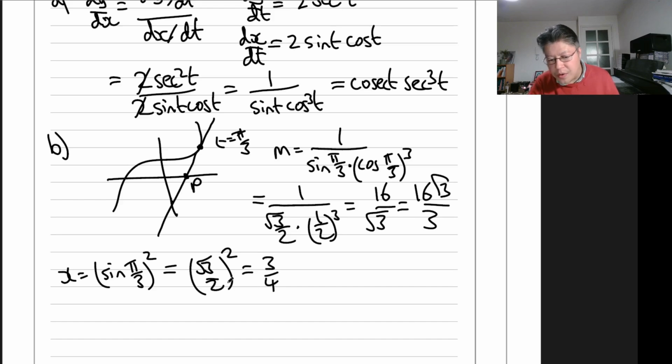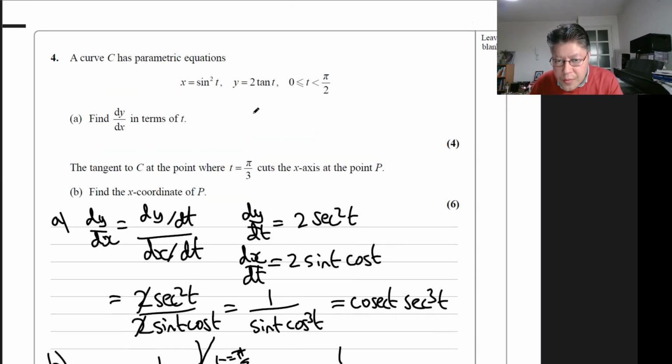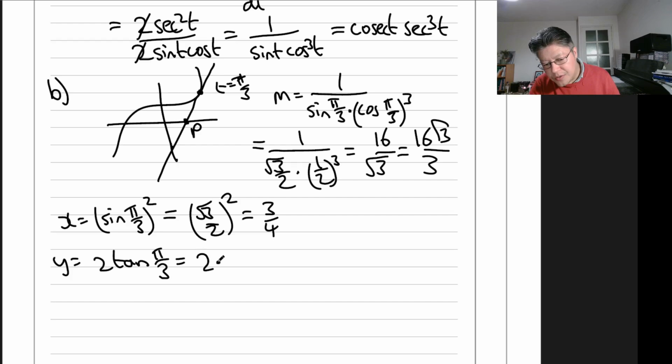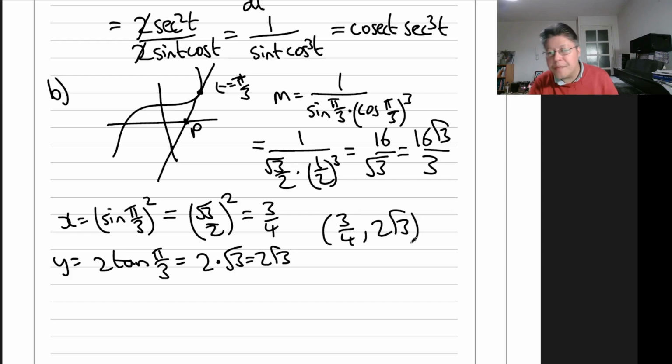So that's the x coordinate. For the y coordinate, we're going to sub it into y equals 2 tan t. So y equals 2 tan of pi over 3. So that's 2 times, and tan pi over 3 is root 3. So that's equal to 2 root 3. So we have a coordinate now. It's the coordinate 3 over 4, 2 root 3.